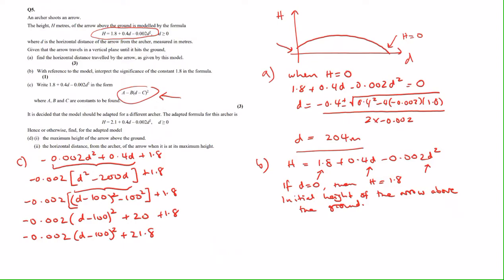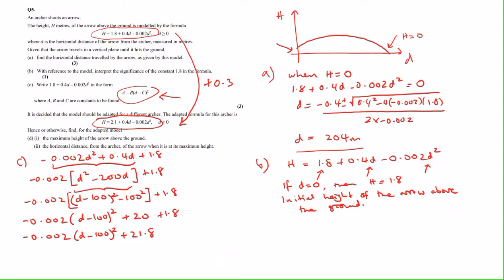Okay. The final part says it's decided that the model should be adapted, and we've got this. Now what you need to notice is the difference between these two equations is simply the constant has gone up by 0.3. So it says, hence or otherwise find for the adapted model the maximum height of the arrow above the ground and the horizontal distance at that maximum height.